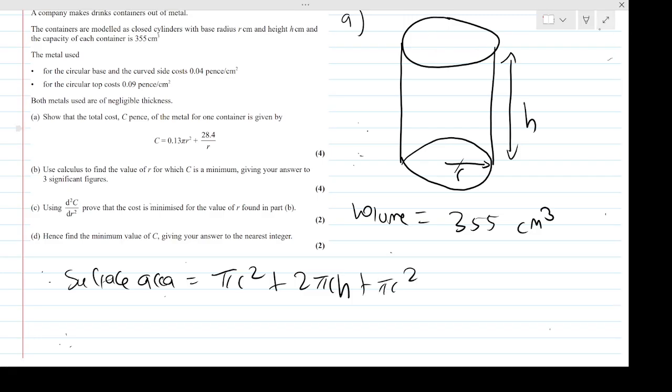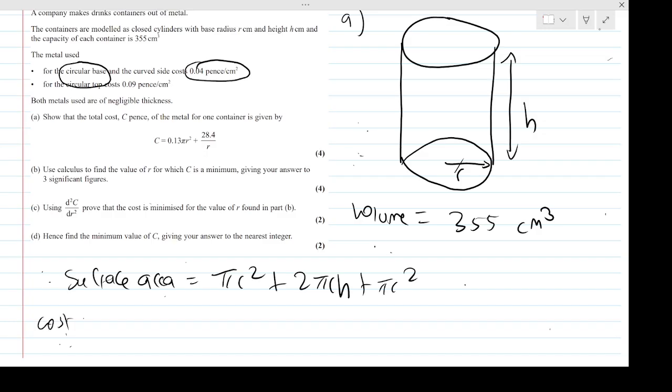Okay, but they're not really asking for the surface area, they're asking for the cost of the surface area. It's talking about the cost of all the surfaces, okay? Well, firstly, the circular base has a cost of 0.04 pence.